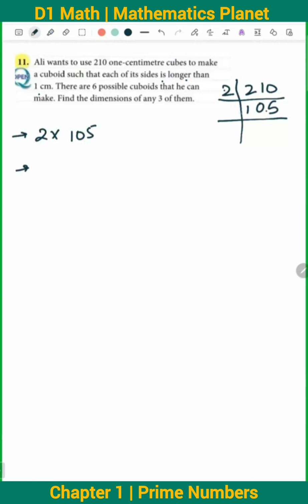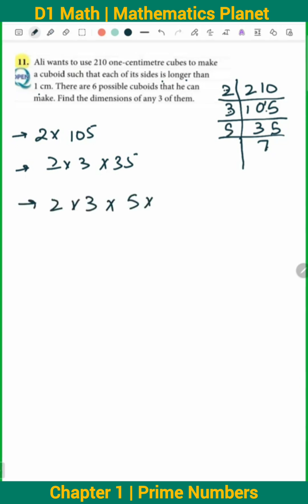Next, 3 times 3 is 9, 10, 3 times 5 is 15, and we get 35. So we can get the next pair, 2 into 3 into 35. Okay, next, 5 times 7 is 35. So we can get the next pair, 2, 3, 5 into 7. So we get 2 times 3 into 5 into 7.